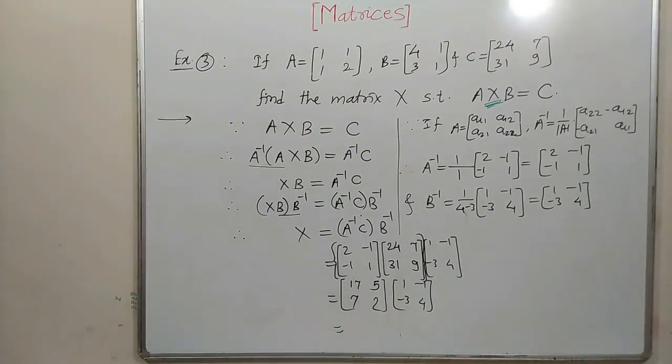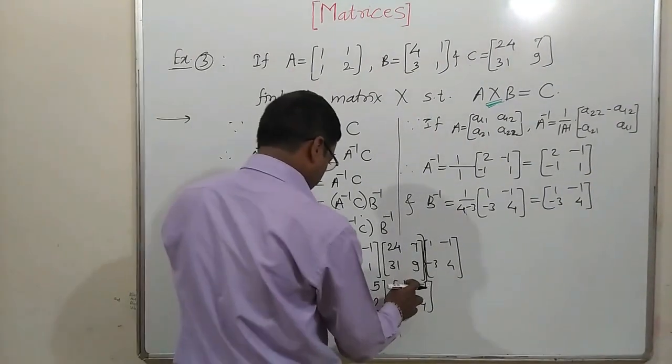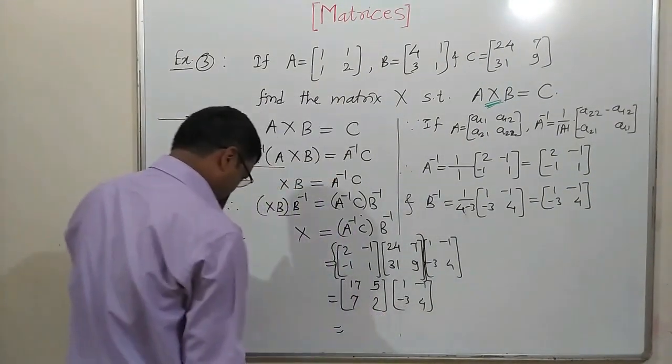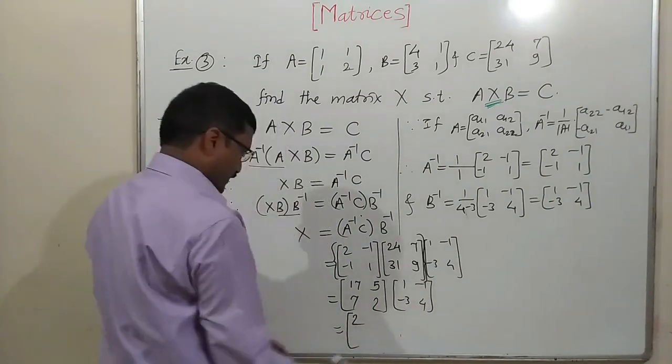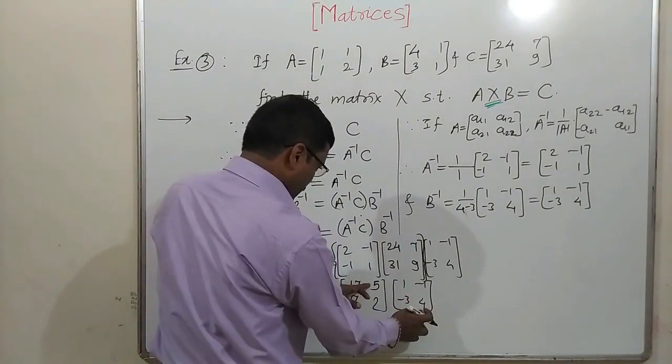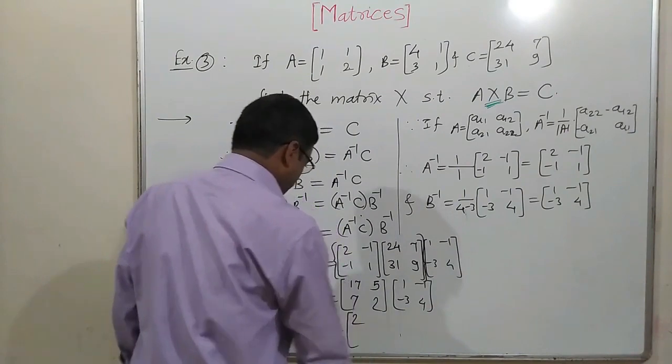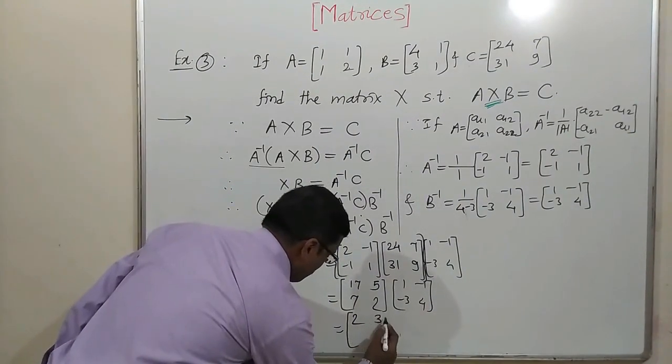Now once again take the multiplication: 17 minus 15, that is 2. Then minus 17 plus 20, that is 3.